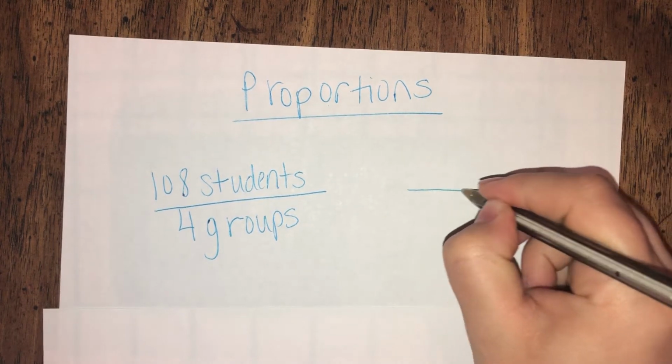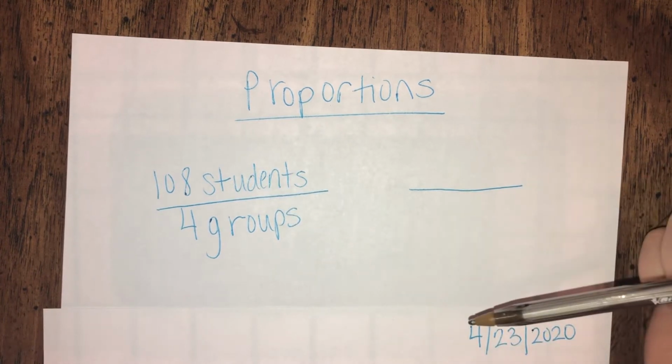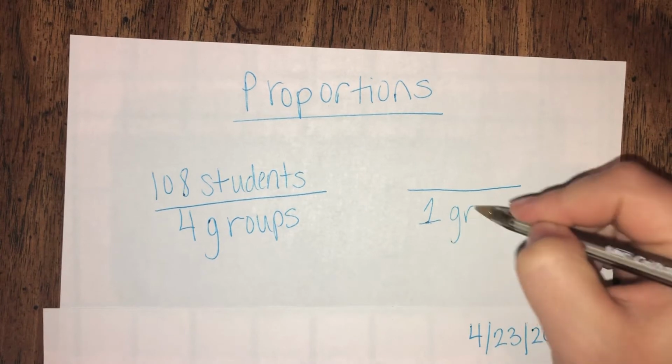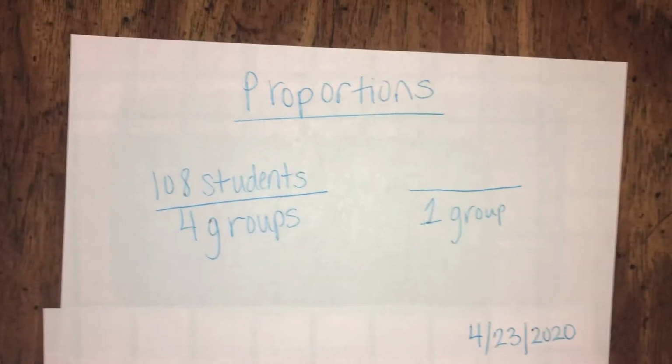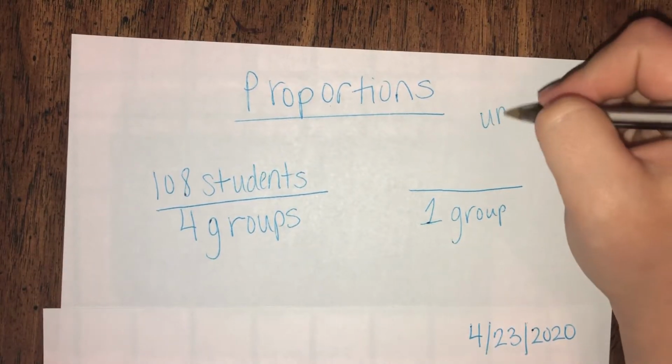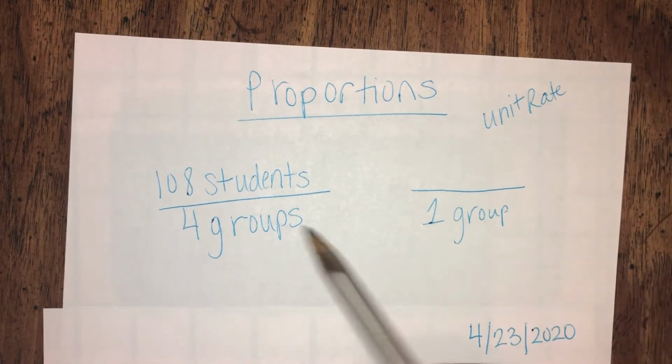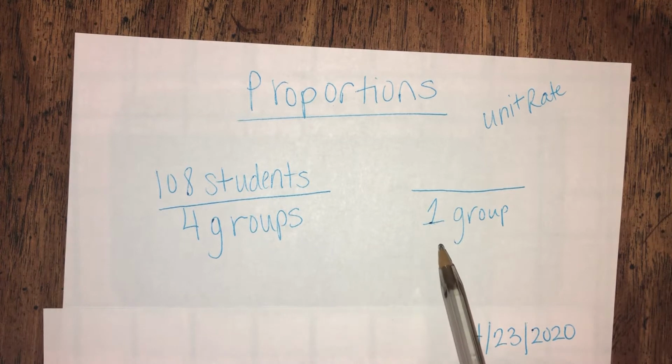If I need to know how many kids are in each one of my groups, I need to get the bottom number to become 1. That's our example of the unit rate that you guys had practiced last week. Our goal of taking a fraction and making its denominator, its bottom number, into 1.